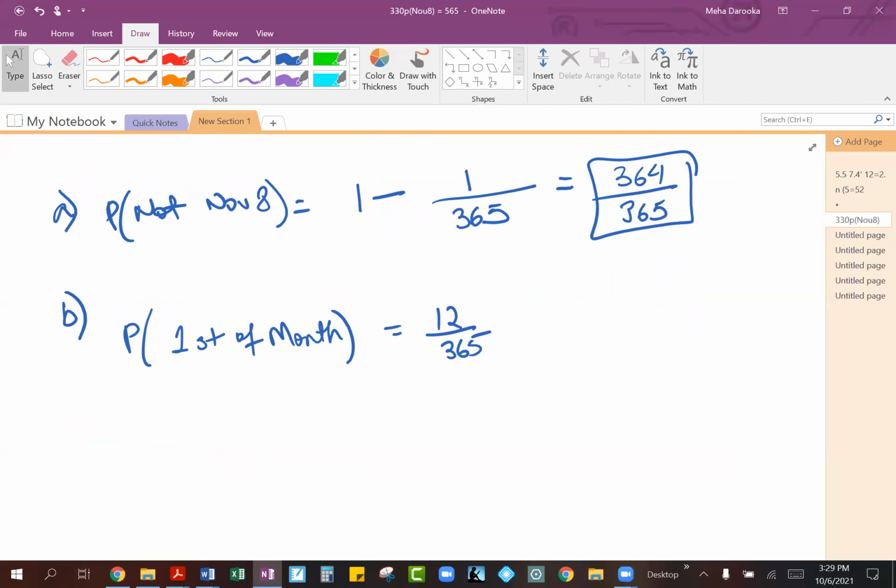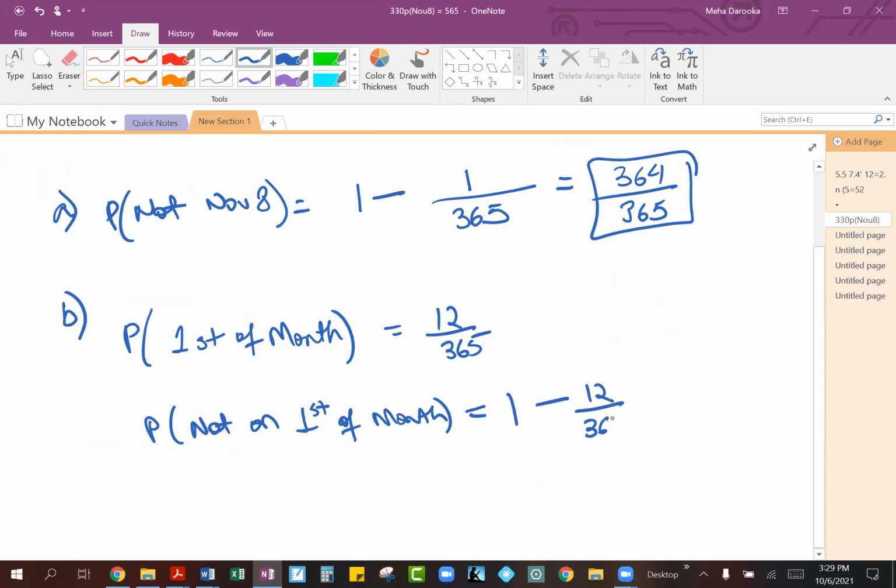So if we're saying they do not have a birthday on the first of month, then same thing, using that complementary rule to help us calculate this, because otherwise you would have to do it the long way, which obviously does not seem like a practical way of doing that. So just again do the same thing. And I think, Dennis, you said 353.